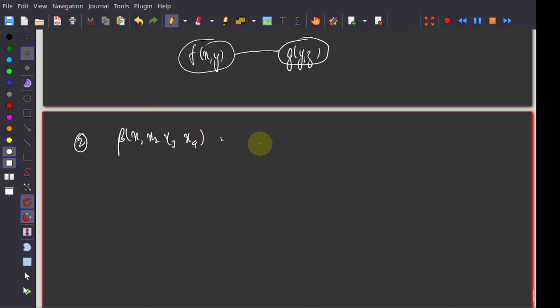This is alpha 1 of x1, x2, alpha 2 of x3, alpha 3 of x4, alpha 4 of x1, x4.